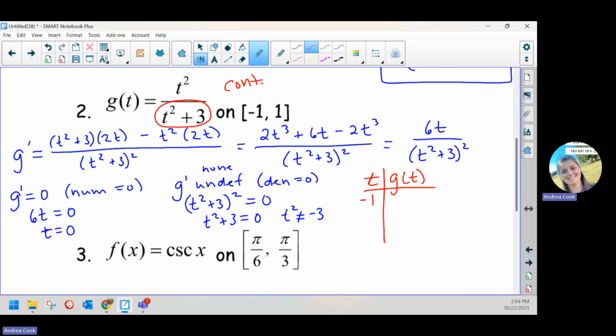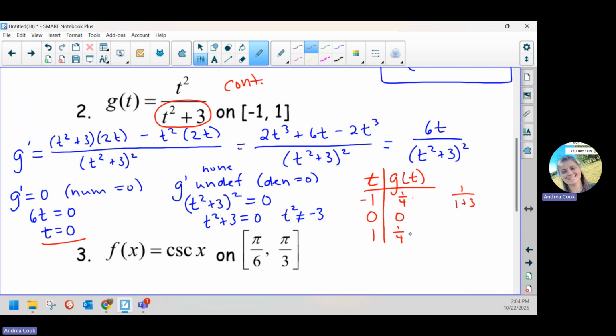So I have my endpoints of -1 and 1, and then my other critical value of 0. And remember, I'm plugging into the original function because I'm trying to find mins and maxes on the original function. So when I plug in -1, I get 1 over 1 plus 3, so 1/4. When I plug in 0, I get 0 over 3, which is 0. When I plug in 1, I get 1/4 again.